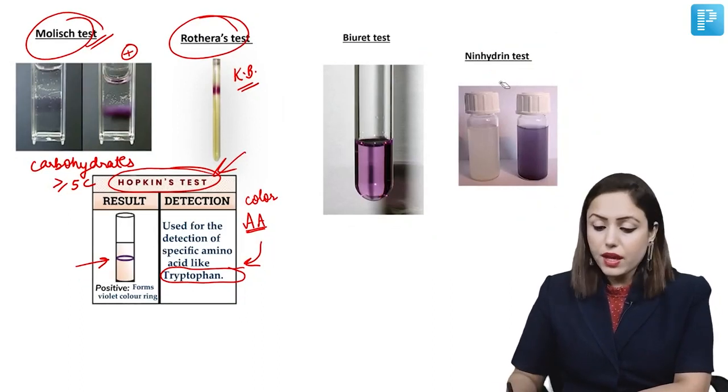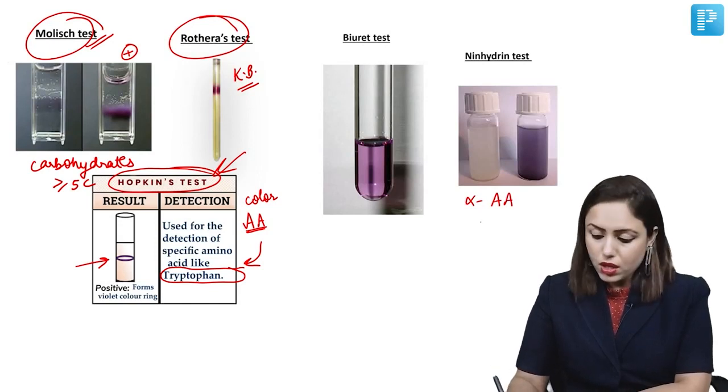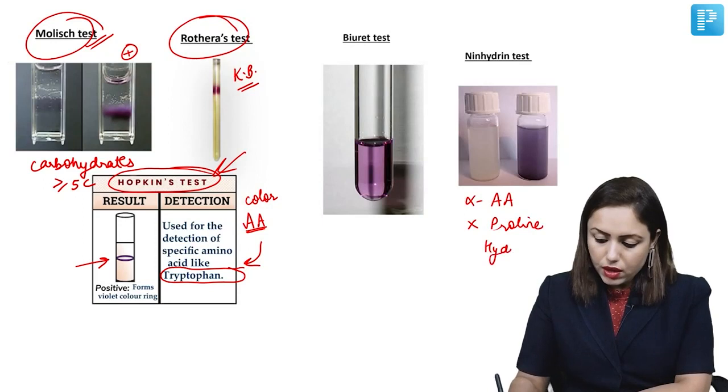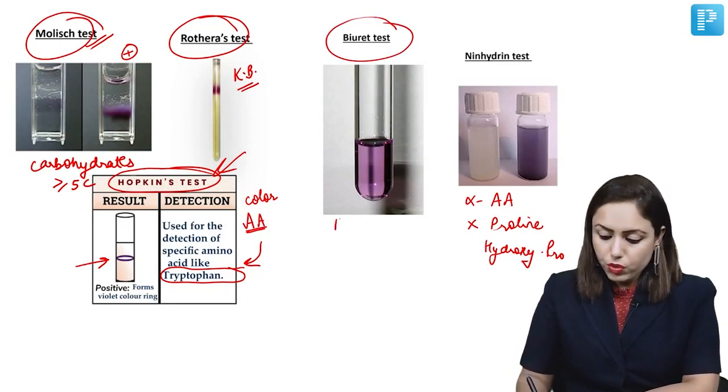Let's quickly revise. Ninhydrin test is for what? It is for alpha amino acids, right? But this is not positive for proline and hydroxyproline. Okay. Then Biuret test is for proteins and peptides.